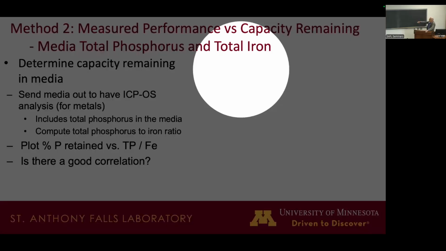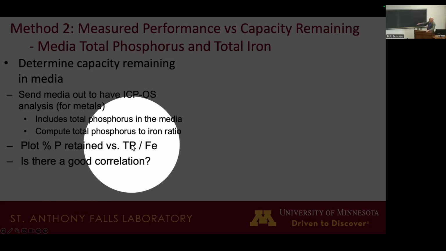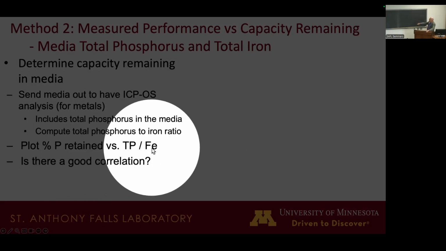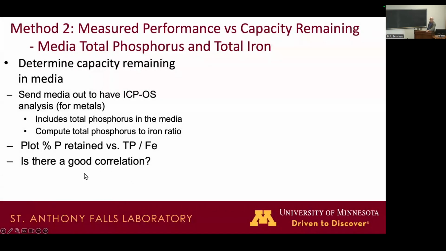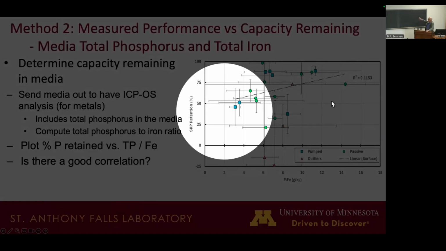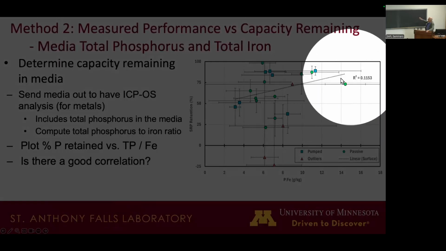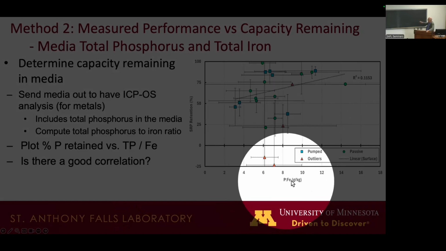So we plotted percent P retained, which we determined previously, that was also on the last graph, versus TP, total phosphorus, over total iron. The question is, is there a good correlation? And there wasn't a very good correlation, unfortunately, because we were looking at this as how to do it. The problem is that you can see our R squared is about 0.1, and there's not much variation in the phosphorus to iron ratio.